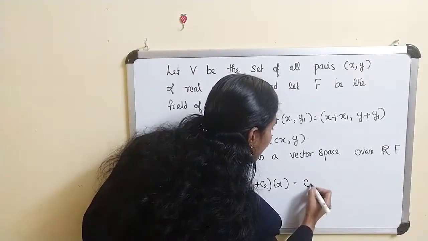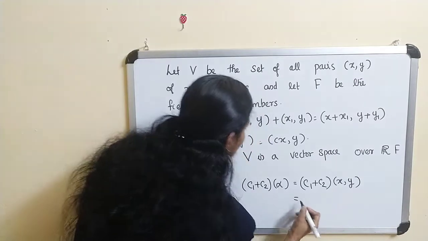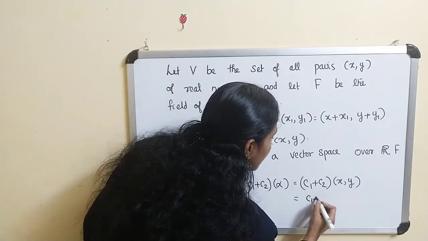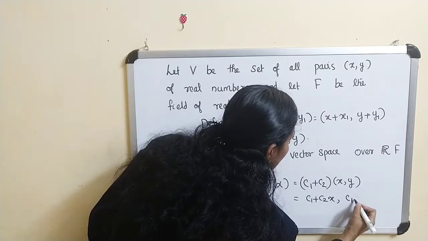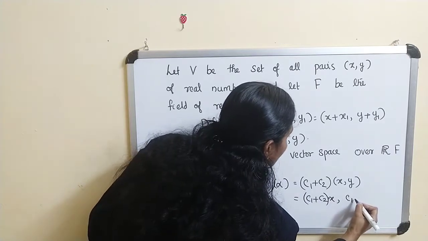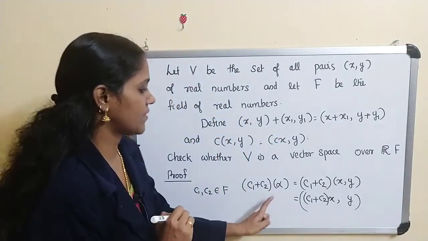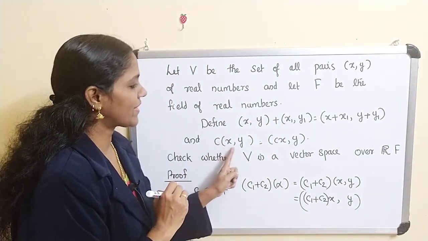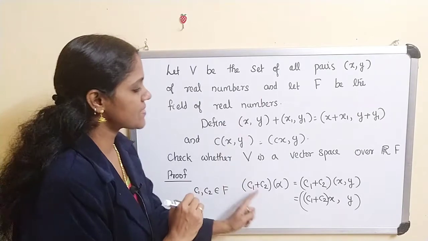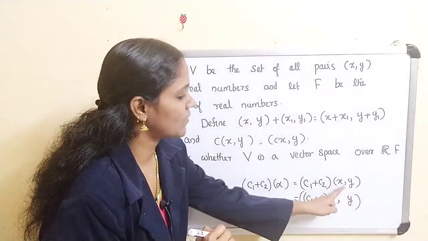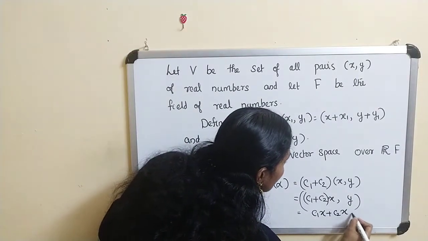Suppose alpha equals (x, y). By definition, this is (C1 + C2) times (x, y), and by c(x, y) = (cx, y), this is equal to ((C1 + C2)x, y), that is, (C1x + C2x, y).